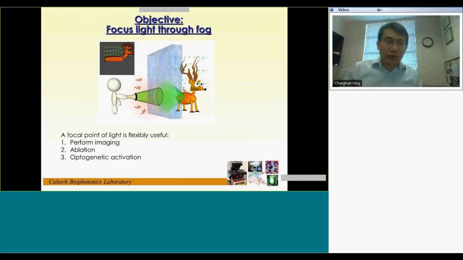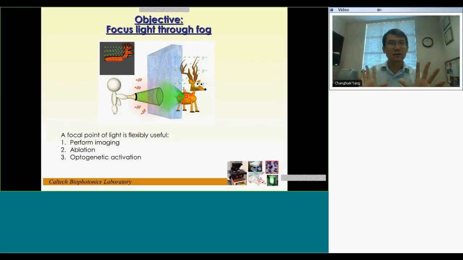I just want to clarify what we're trying to do here. We're trying to create a situation in which a wavefront of light goes through the fog, or a scattering medium such as brain, in such a way that it comes to a focal point on the other side or in the middle of the fog.